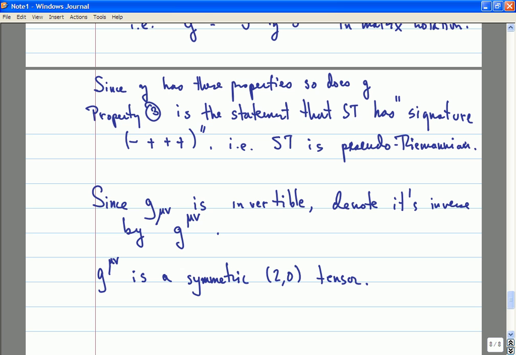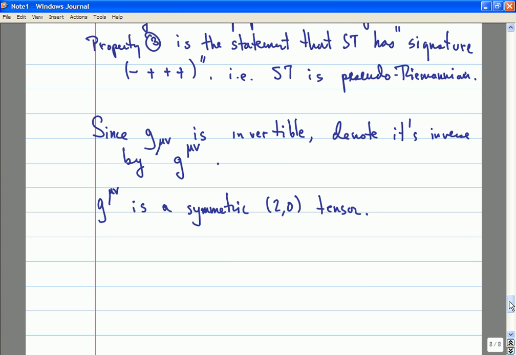And G with 2 upper indices is the inverse of the metric with 2 lower indices. So let's just write out the equations which say that G upper mu nu is the inverse of G lower mu nu. G upper mu nu times G lower mu nu is given by the identity matrix, or the Kronecker delta symbol. Indeed, this is the equation which defines the inverse.